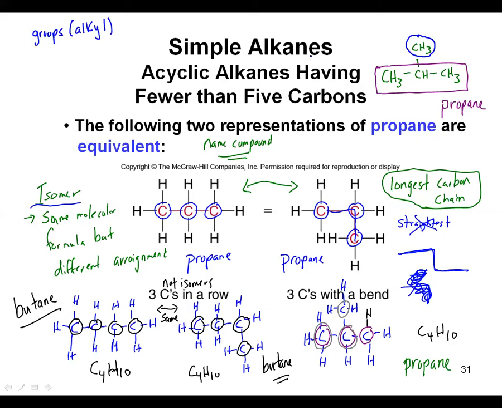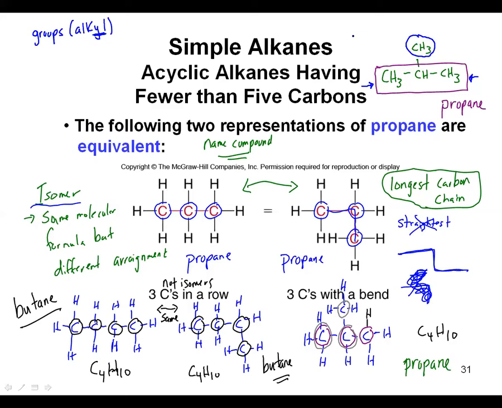And these are guys that are part of the structure, but not part of the longest continuous carbon chain. These guys are really referred to as alkyl groups, which end in YL. These guys as well are still based off of those first 10 names.